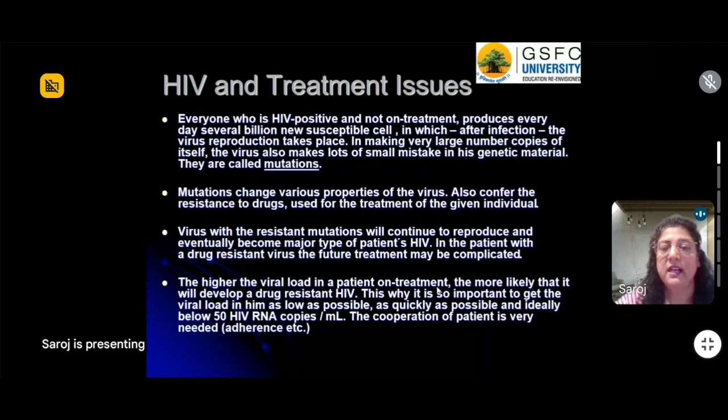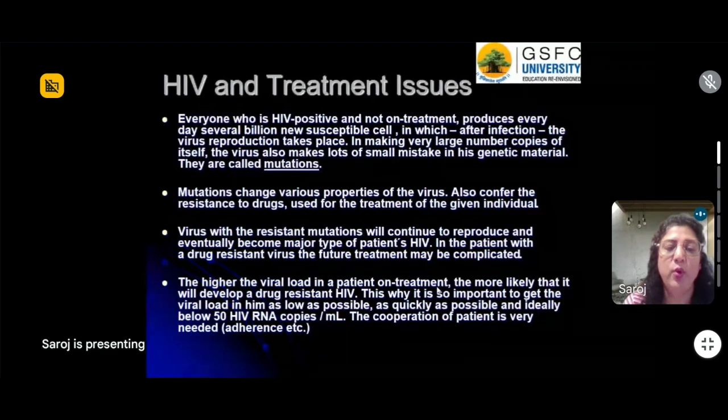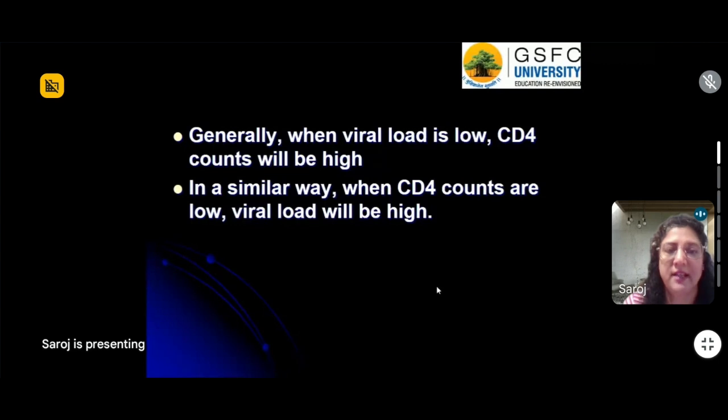So once again, why are all these things important? Because this is the entire premise that we work on, that before that kind of situation is reached, we should try to get the HIV load to come down, and that can only be done if the detection of the HIV virus is early.